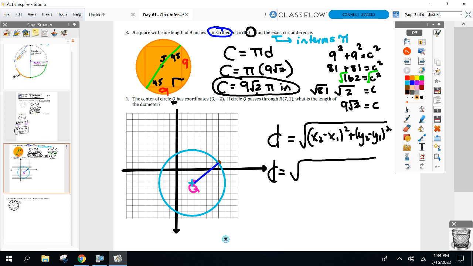Sure about that over there, Superstar? What about that number underneath the radical? How'd you get that? 7 minus 3? Where's the 5 coming from? Okay, so I tried something different. Instead, I found the slope of this, and then I just did the slope down here so I could find the other side, and then I found this point, and I did the distance formula to find the diameter, and so to find the radius, multiply it by 2.